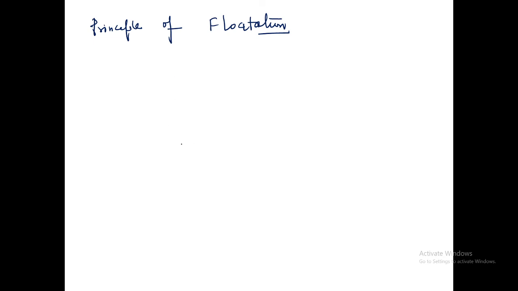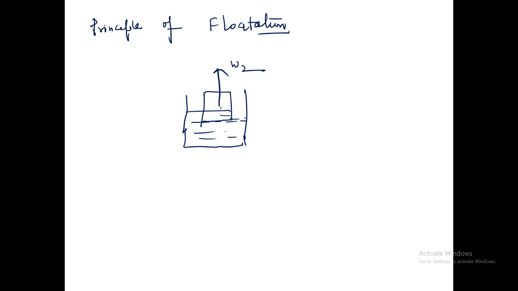First is the weight of the body, which acts vertically downward. Suppose this is a beaker in which liquid is filled, and there is a body immersed in it. So there are two forces acting on it. This is W2 and this is W1.